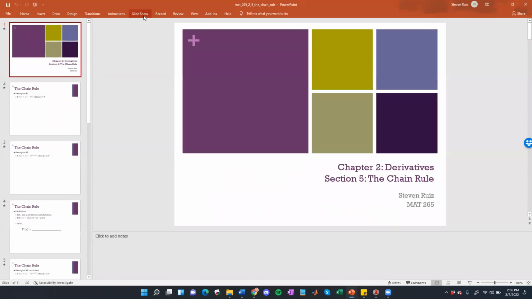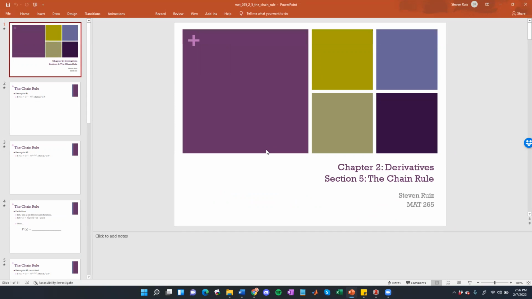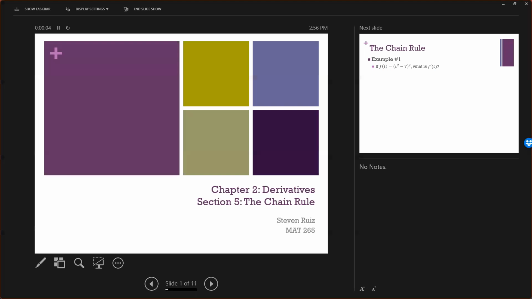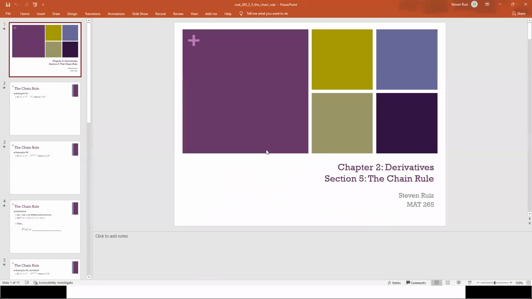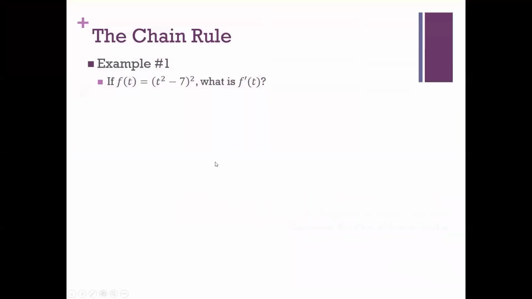So section 2.5 is all about something called the chain rule. All right, this thing right here.